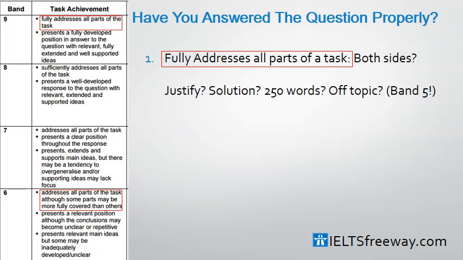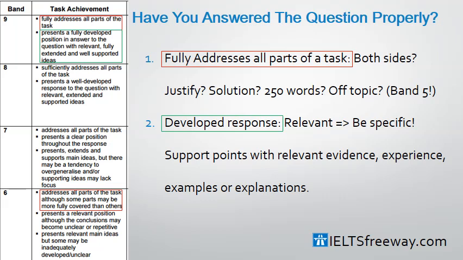The second thing you need to do to make sure you answer a question properly is to create a developed response. You can see there in band 9 it says present a fully developed position in answer to the question with relevant, fully extended and well supported ideas.